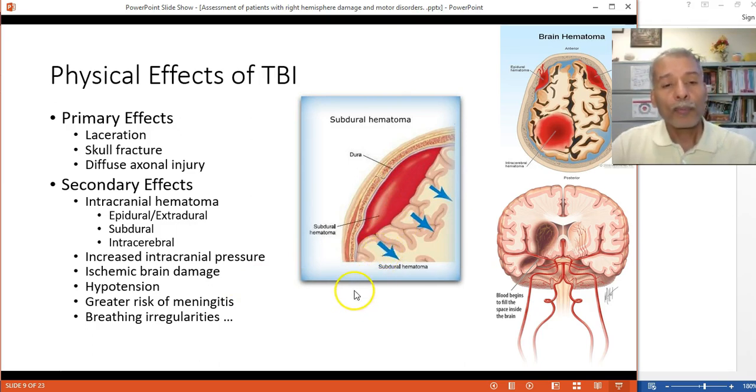And also, there are fractures that occur. Fractures are going to cause leakage of cerebrospinal fluid, and that means that bacteria or viruses can enter through the cracks in the skull, the fractures, and they can go up to the brain.